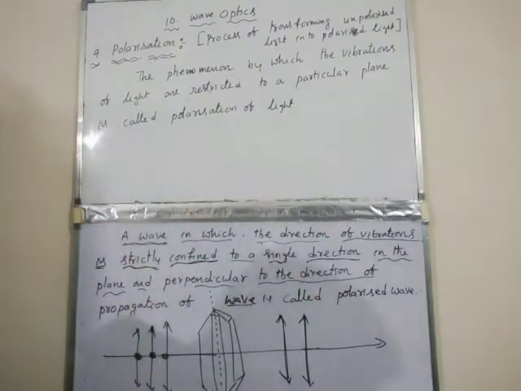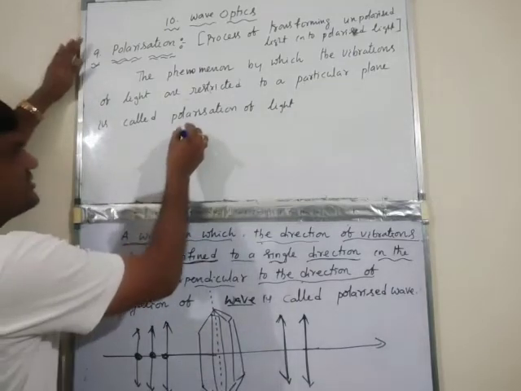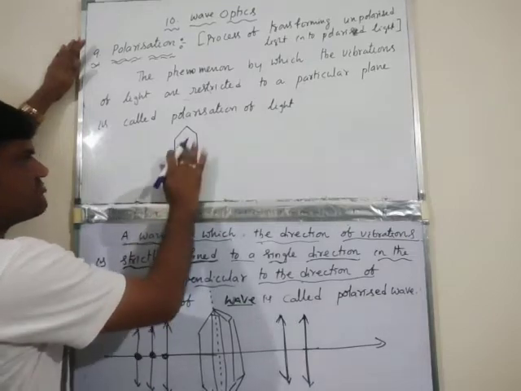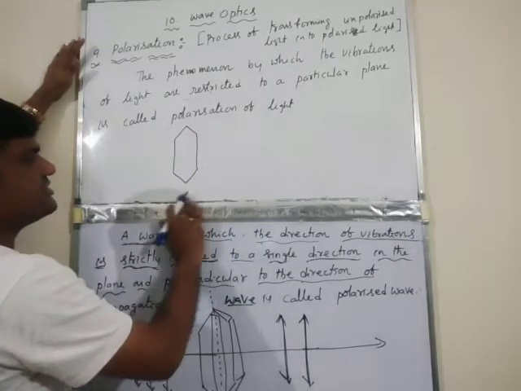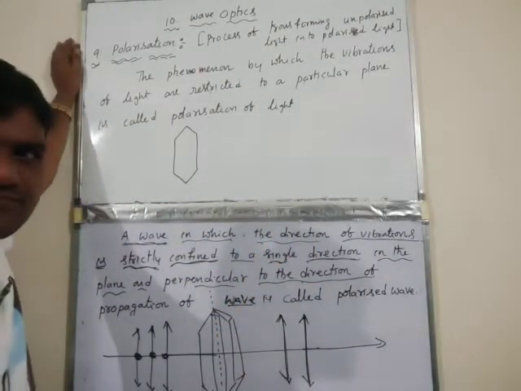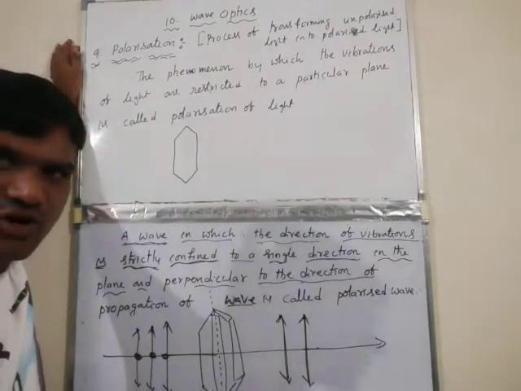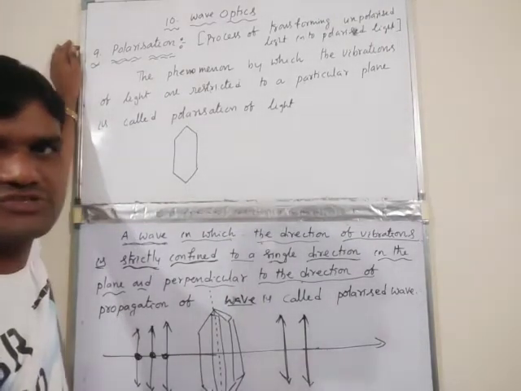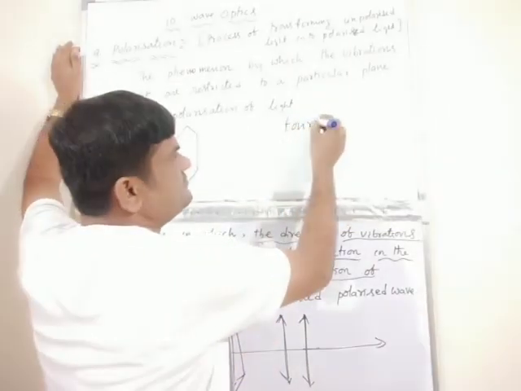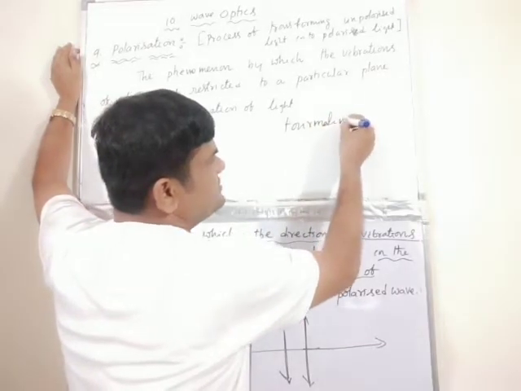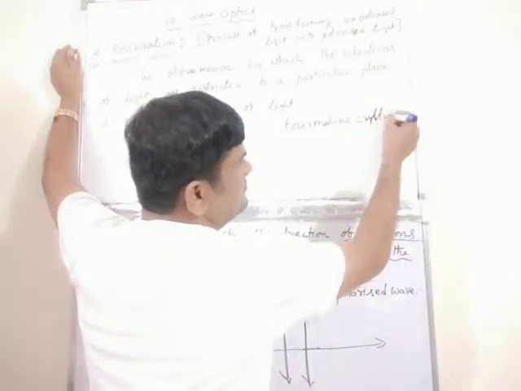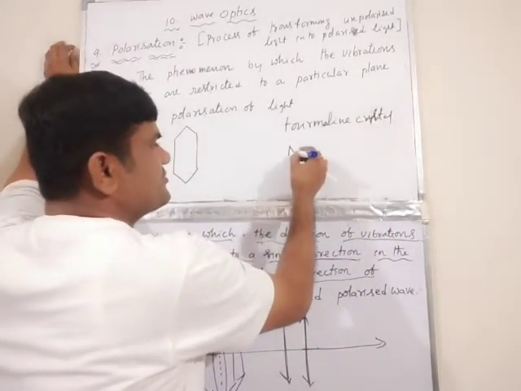So remember, what is the meaning of Polaroid? Polaroids are generally made up of some crystals, that is the tourmaline crystal and nickel prism, or else one more will be there.